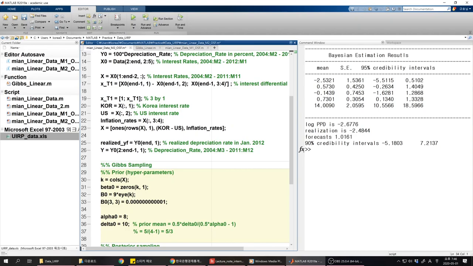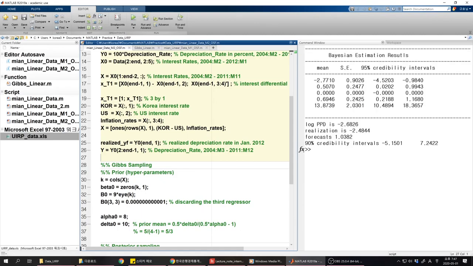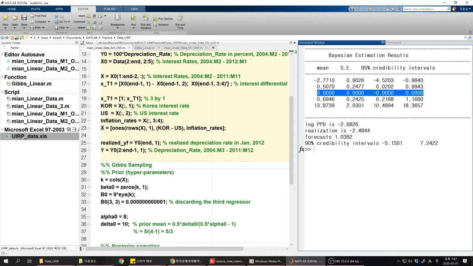Okay, then just discarding the third regressor. Okay, and let me try. Yeah, anyway, this is very close to 0, right?